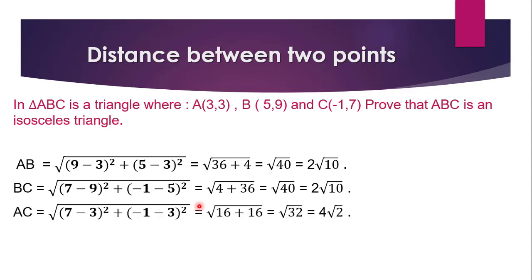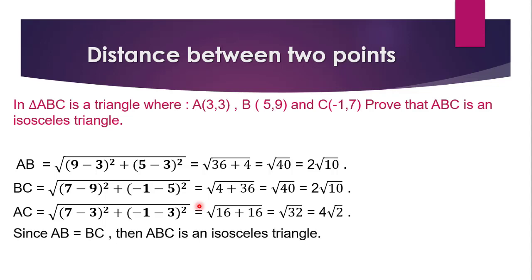The third side will be, in the same way, 4 root 10. So here we have 2 sides that are equal, so this triangle is an isosceles triangle. So if you want to prove that a triangle is an isosceles triangle, calculate the side lengths and check if 2 of them are equal.